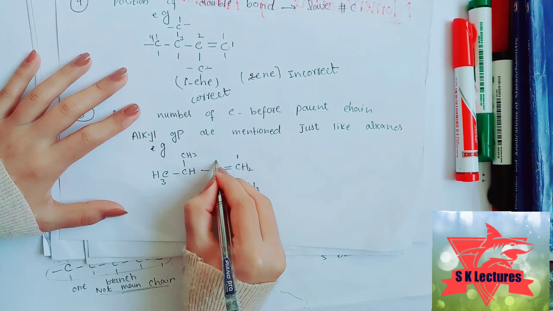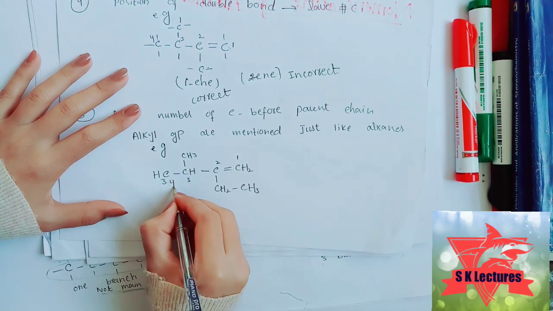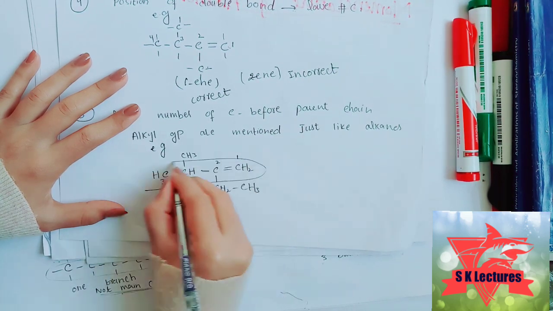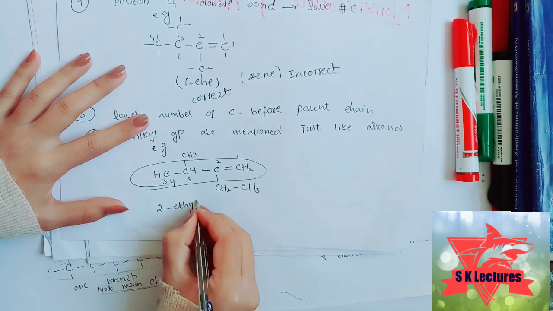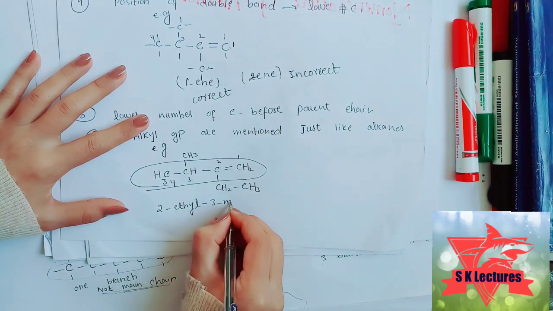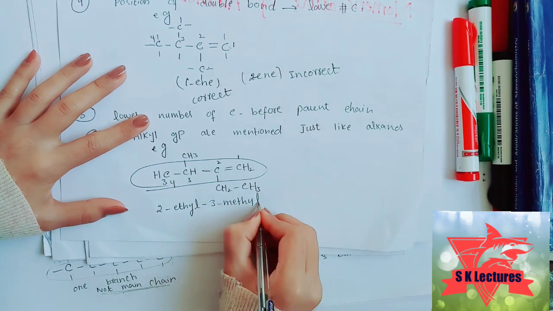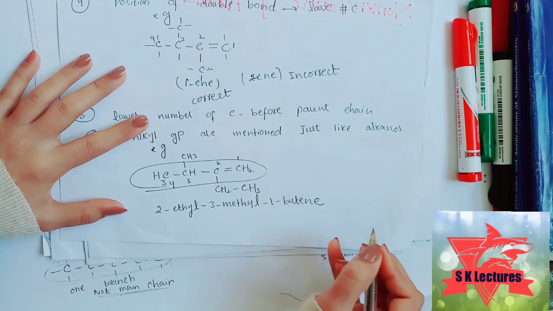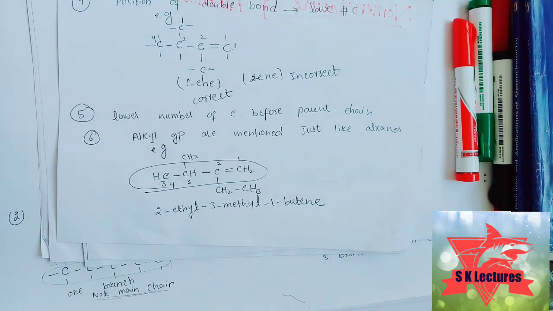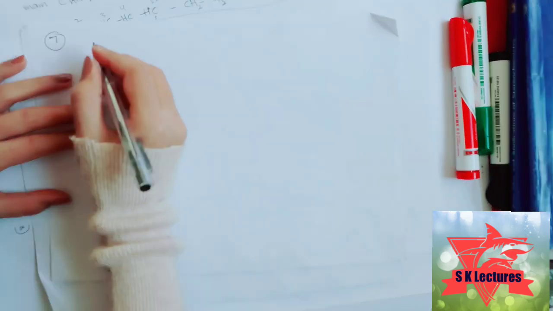So number the chain 1 2 3 and 4. Now it has an ethyl on carbon 2, so 2-ethyl, 3-methyl, 1-butene. Fifth rule, you see it is followed.